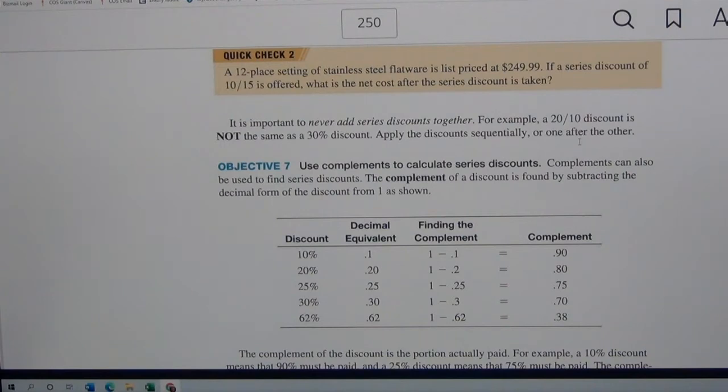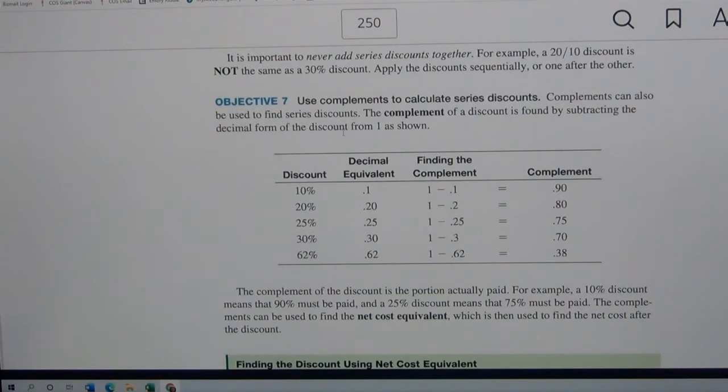So when we're talking about a complement, we're talking about taking, as an example, 10% as a decimal, which would be 0.1. If we want to find the complement, we take 1 minus that. In other words, the complement of 10% is 90%, or 0.9.